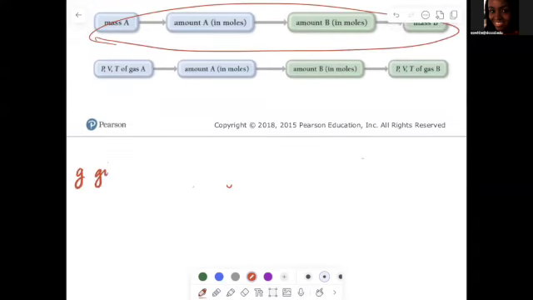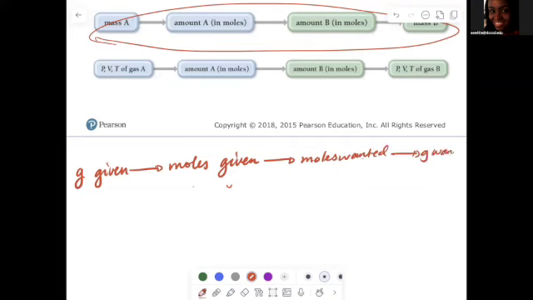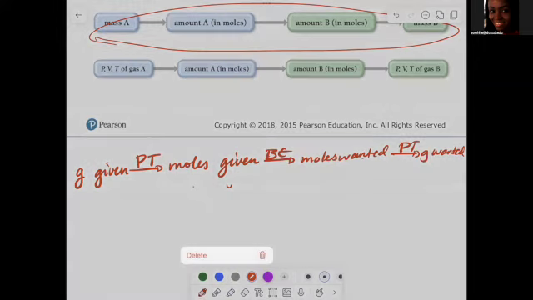Grams given, moles given, moles wanted, grams wanted. This is periodic table conversion, balanced equation, and then periodic table. So we've covered this before.